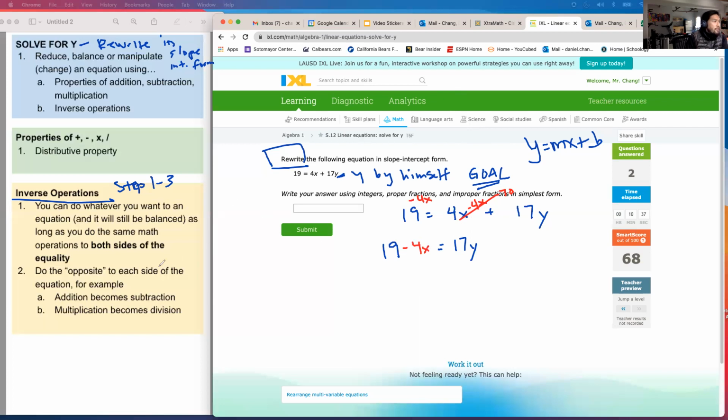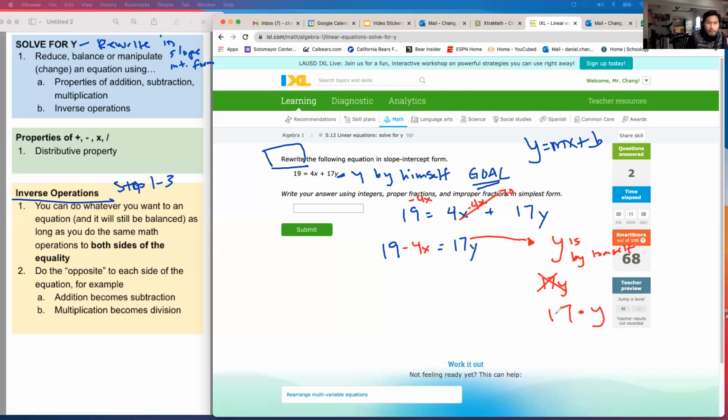Okay? So then my step 2 is I need to balance this equation such that y is by himself. And y, that means y is not being multiplied by 17. So this 17y, I want to get rid of this 17. And remember, 17y is the same as 17 times y.